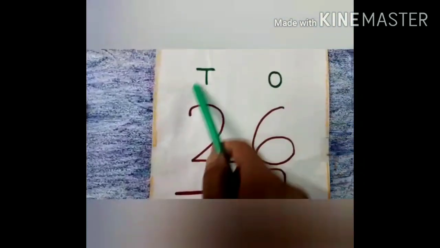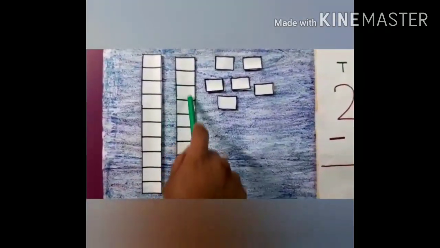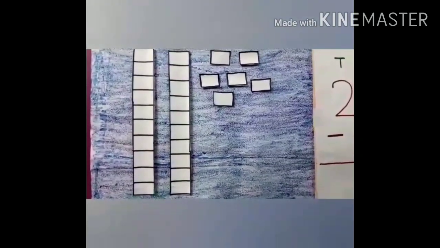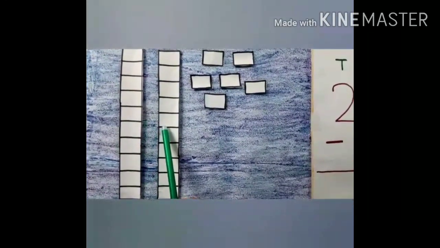I have to borrow from the tens place. In the tens place I have 2 tens. So from 2 tens, if I borrow 1 ten, then what will happen? 1 ten has 10 ones.